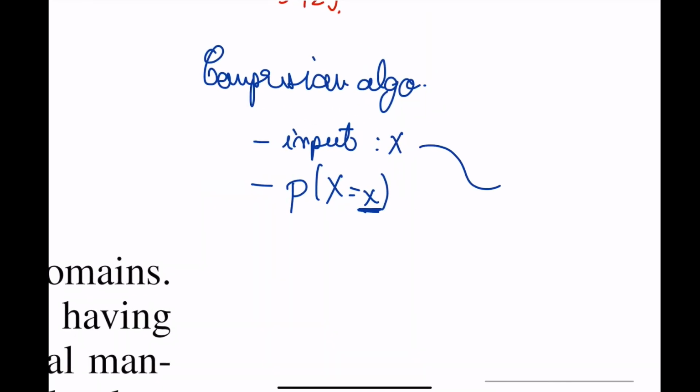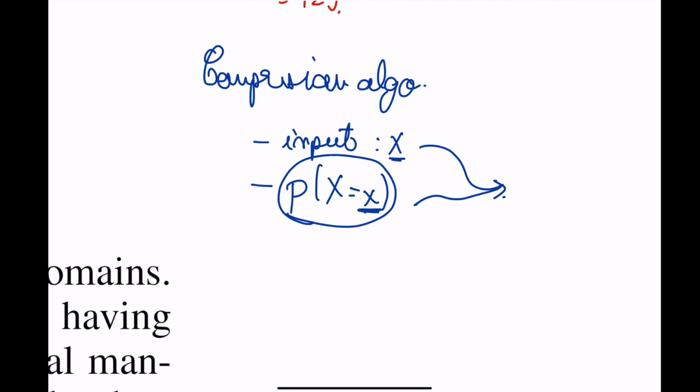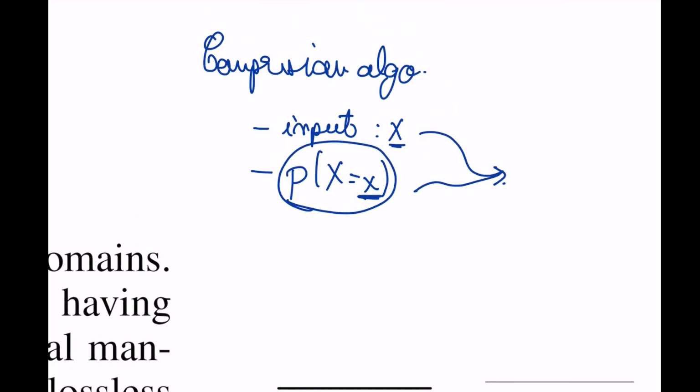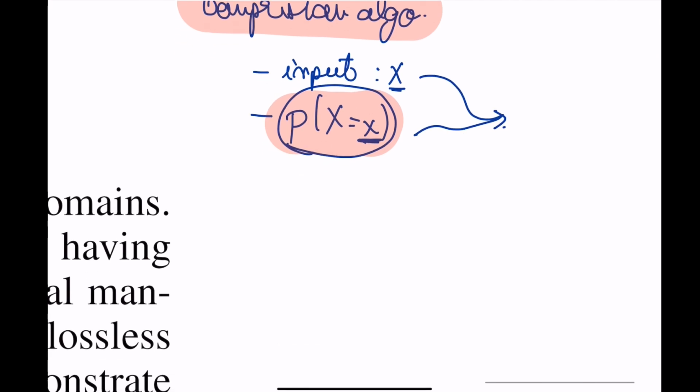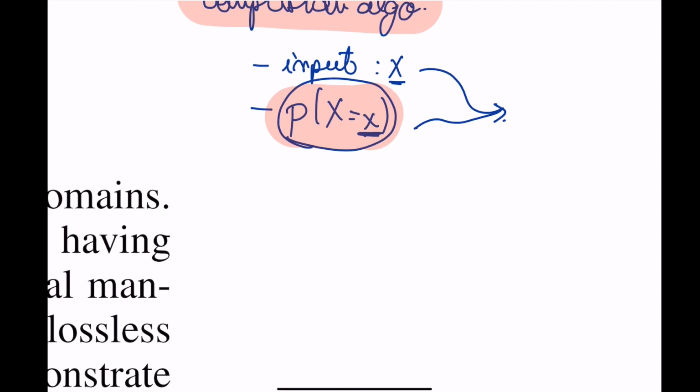Because then it will create a code such that if this probability is high, then it will assign codes that are smaller. So the point being, for a compression algorithm, you need to know the probability distribution of the data in order to compress and decompress as well.